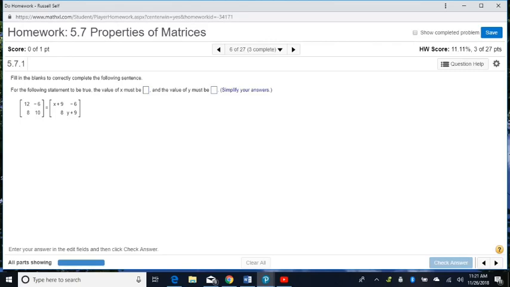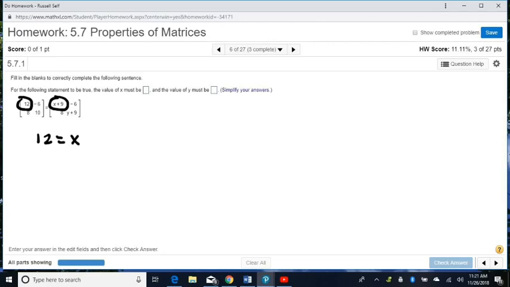Here we go. These 2 are just equal, so they're going to tell us to multiply, then they're not going to multiply. But remember, this is just like what we did before, but instead of 3 things that we have set equal together, so we don't have any addition in there, we just have some things that are set equal to each other. So since we know they're equal, that means that the things in the corresponding places have to be equal. So this 12 and this x plus 9 have to be equal.